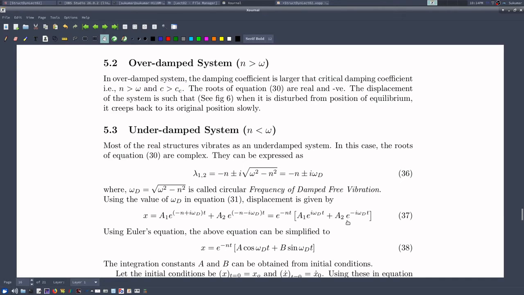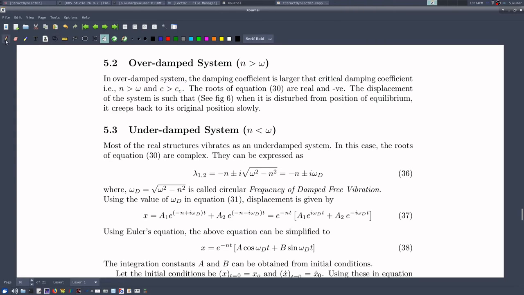Again, these terms, e to the power i omega dt and e to the power minus i omega dt, just like a free vibration term, I can express in terms of sine and cosine functions using the Euler equation, and therefore I will get a simple harmonic motion, undamped free vibration, but multiplied by this exponentially decaying envelope.